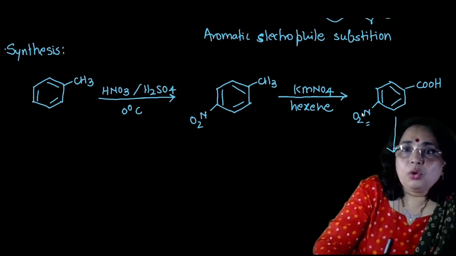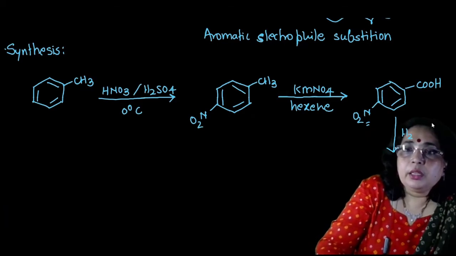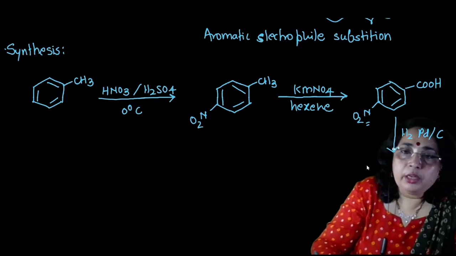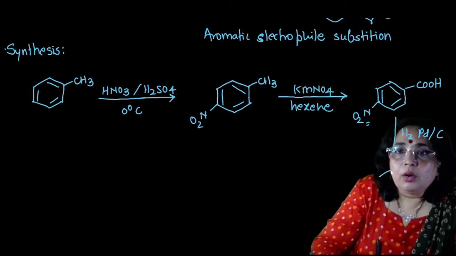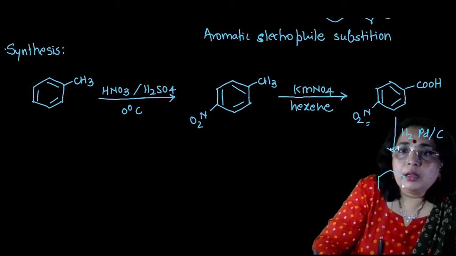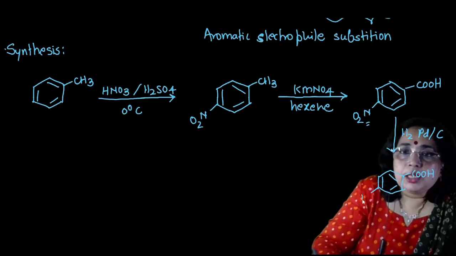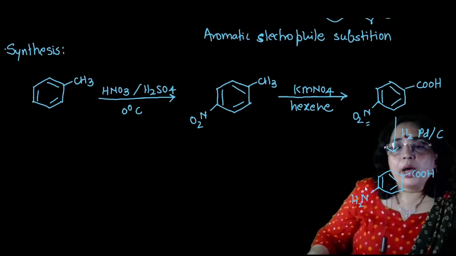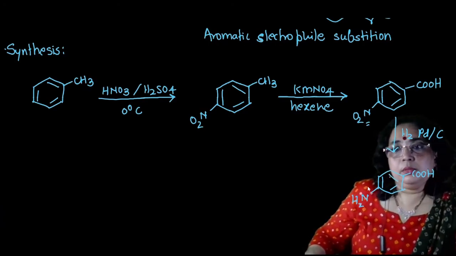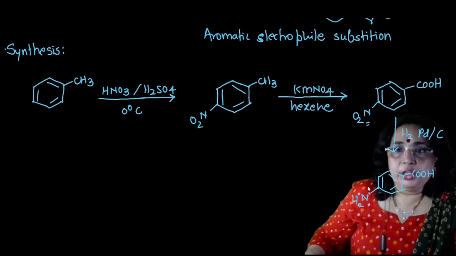So what do we want over here? We want NH2. So this can be done with palladium charcoal, or you can use tin, or zinc dust in HCl. You can reduce this molecule into NH2. Now para-aminobenzoic acid has been prepared over here. So one part is finished.